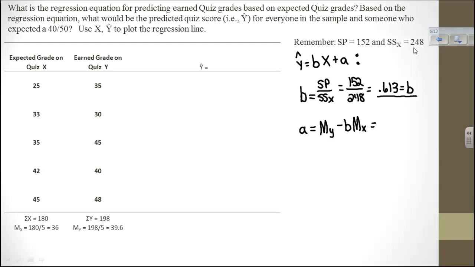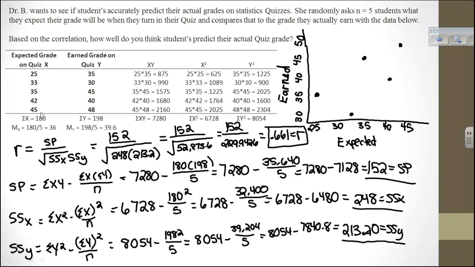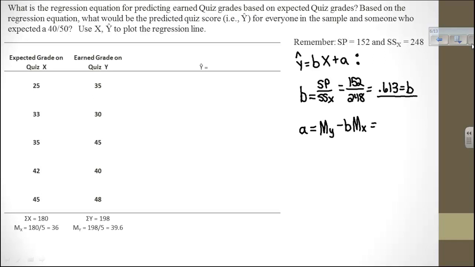Okay, and the mean, I forgot to put that here. So the mean for y, adding up all the y's, divided by how many y's there are, that's totally review. Sum of y divided by N, 198 divided by 5, I had 39.6 for the mean of y. And then my b that I just found is 0.613. Let's make that little minus a little clearer.